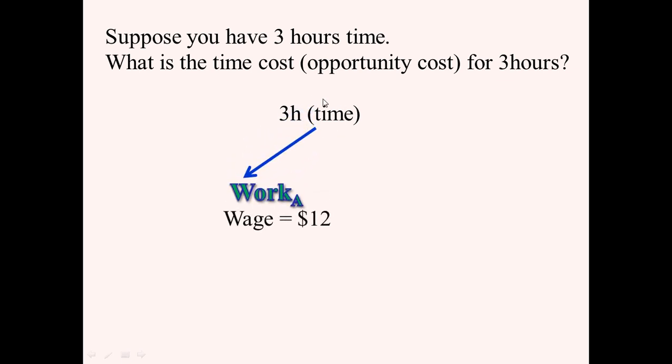You have 2 choices: work in company A or work in company B. You spend these 3 hours to work, but you have 2 choices. If you get the wage from 3 hours of working, A will offer you $12.